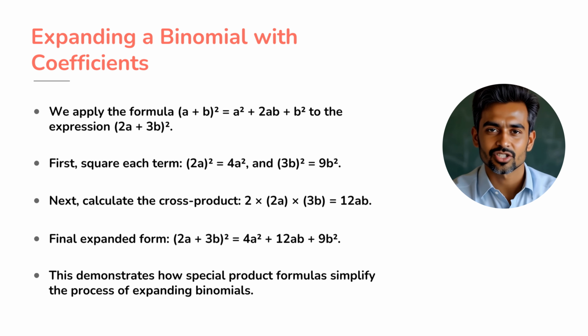First, we square each term separately: 2a squared equals 4a squared and 3b squared equals 9b squared. Next, we calculate the cross product. We multiply 2 times 2a times 3b, which gives us 12ab. Putting it all together, we get the final expanded form, (2a plus 3b) squared equals 4a squared plus 12ab plus 9b squared. This demonstrates how special product formulas simplify the process of expanding binomials.